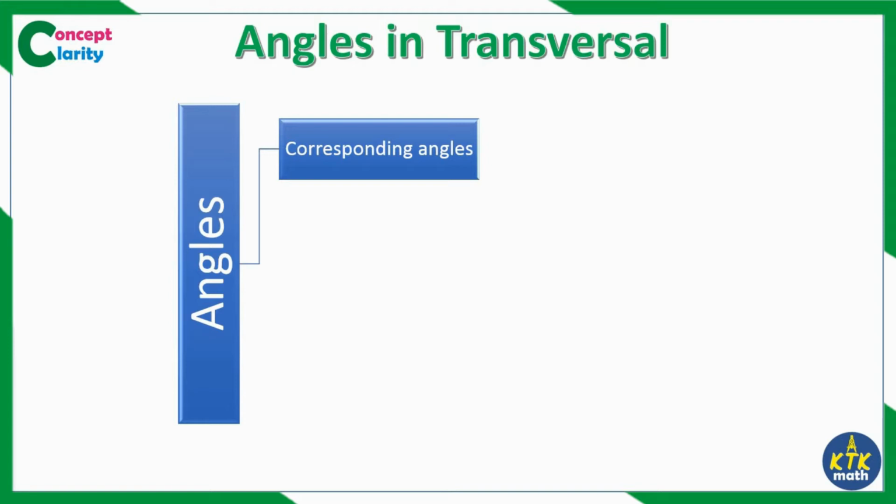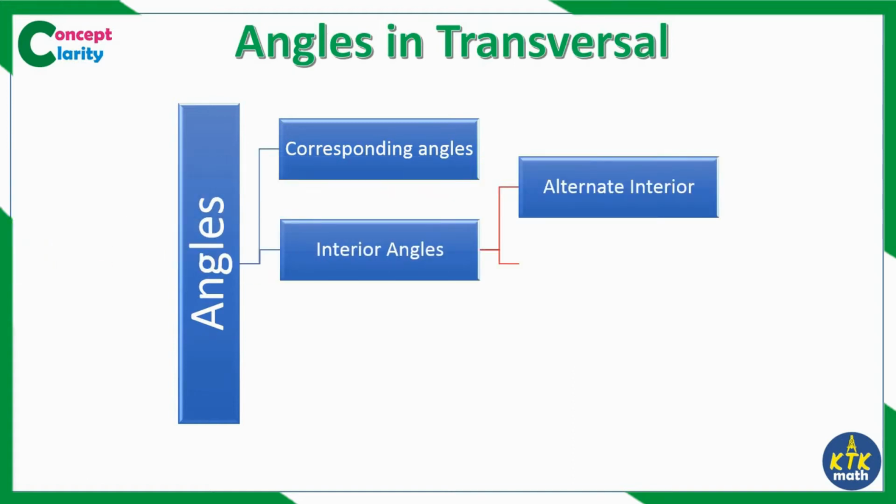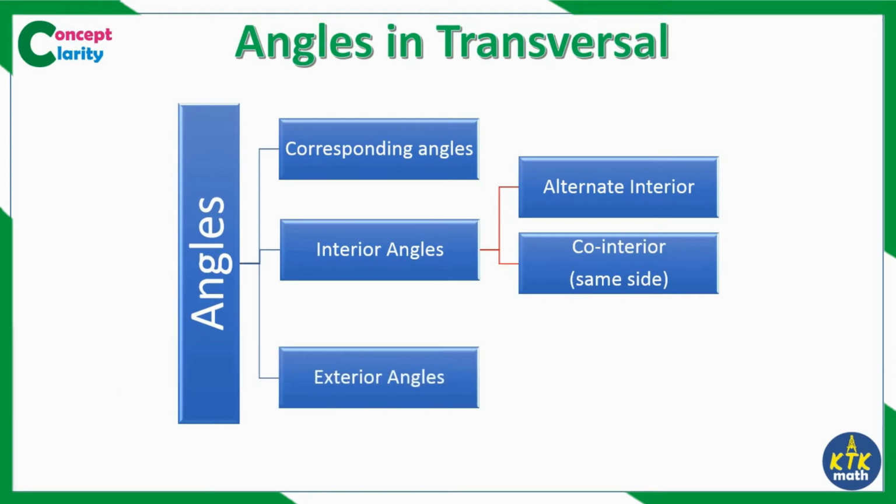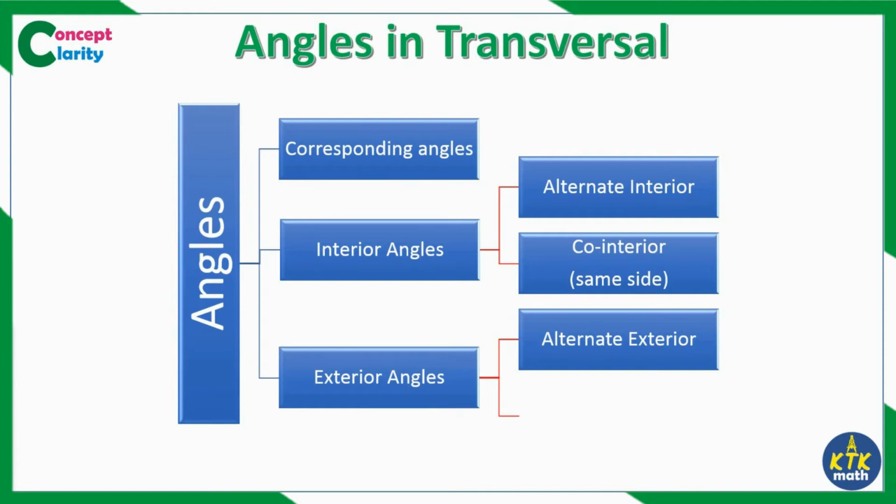Then interior angles, which I'm subdividing into two parts: alternate interior angles and co-interior angles. Co-interior you can say is interior on the same side. Like interior angles, I'm going to give you exterior angles also, which are again subdivided into two parts: alternate exterior and same side exterior, or co-exterior.